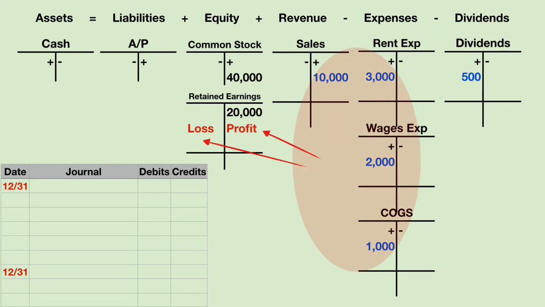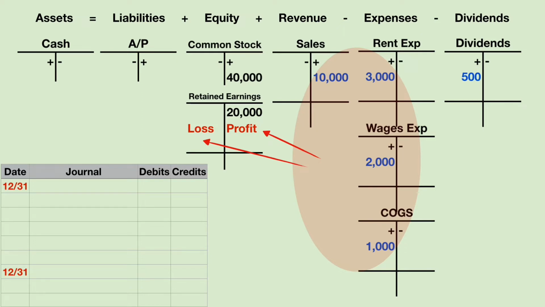The first closing entry takes the sales or the revenues and the expenses, all that in that highlighted red oval. All those numbers are going to be transferred to the credit side of retained earnings if they add up to a profit.